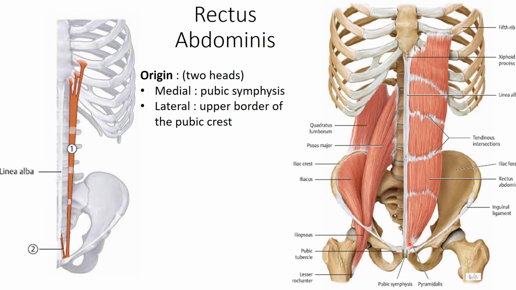In the lower portion, these fibers lie edge to edge with each other, and as they proceed upwards towards the insertion, they diverge. The lateral edge formed by these is known as the linea semilunaris, running between the tip of the ninth costal cartilage and the pubic tubercle.